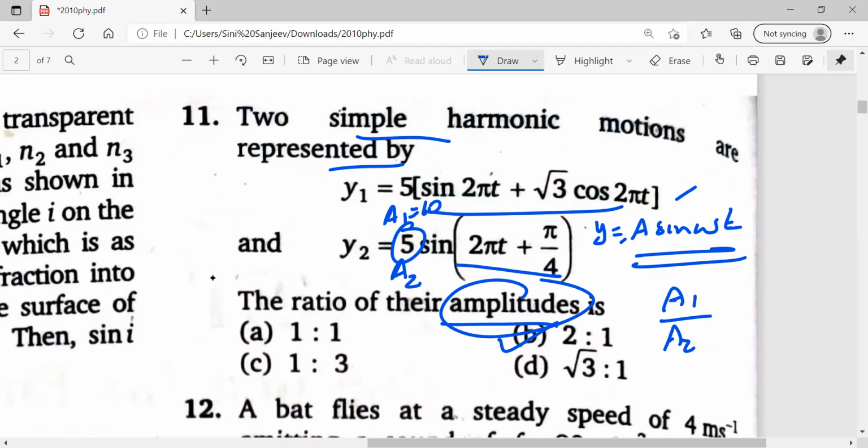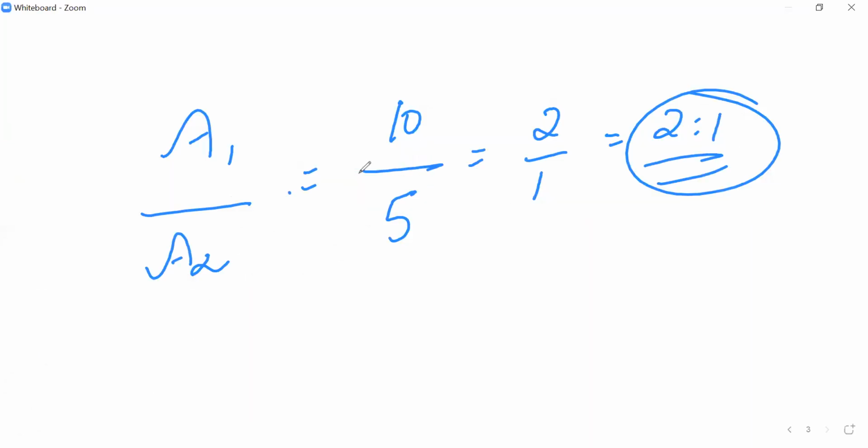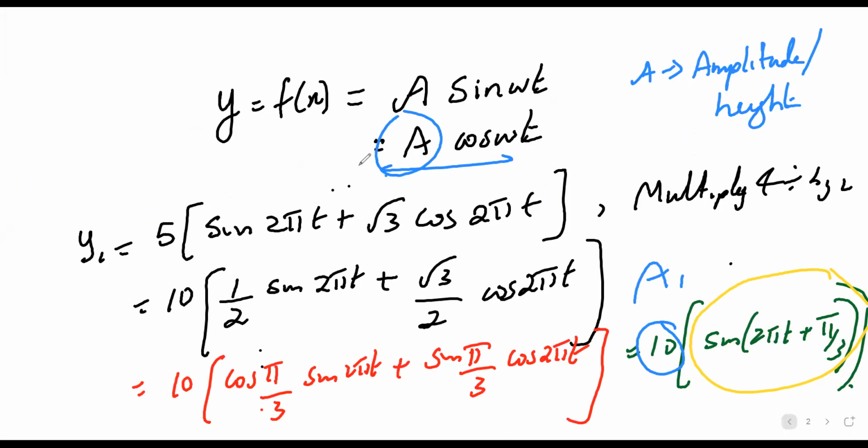So a very simple concept, even if we don't know the simple harmonic motion, we only have to know one formula for this. That is y is equal to a sine omega t. So I have to find out this a, but it is not given properly here because it is not sine.